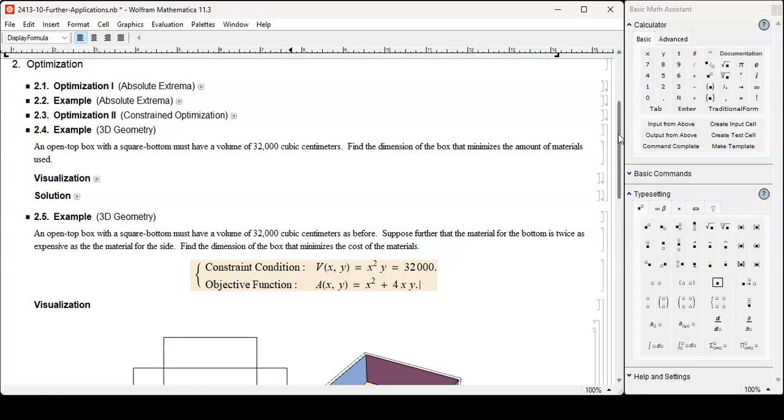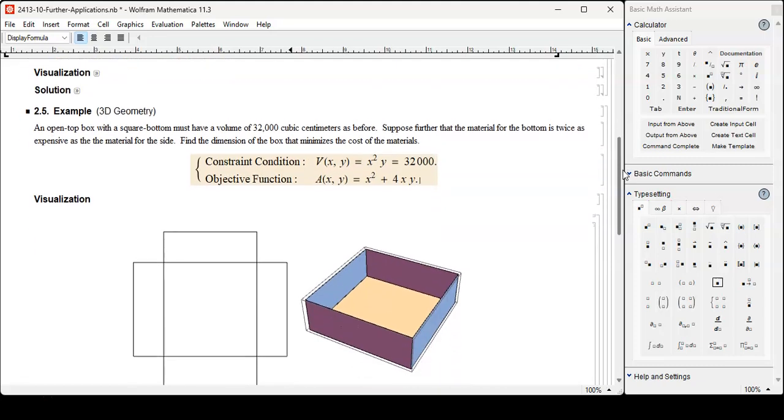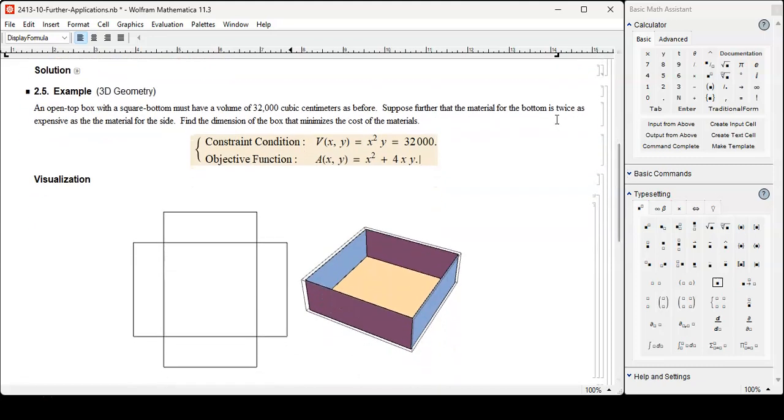This time things are a little bit different. Suppose further the material for the bottom is twice as expensive. So for the bottom area, I have to multiply by 2. And let's call it not just the area, but the cost function.